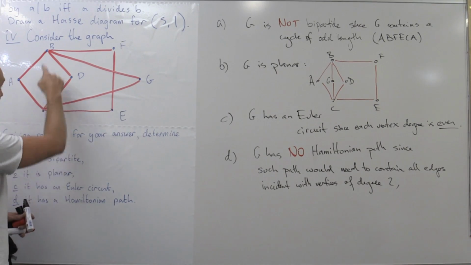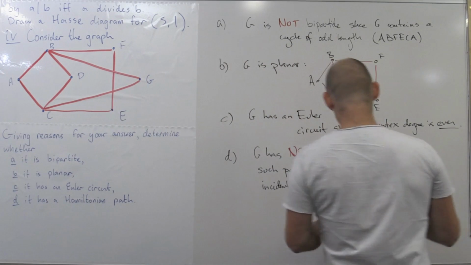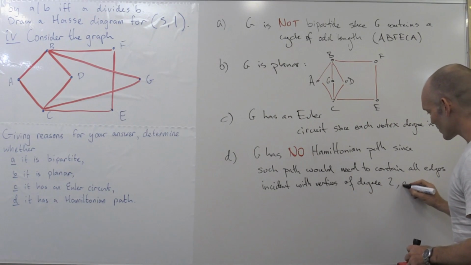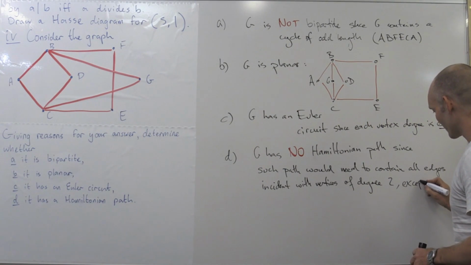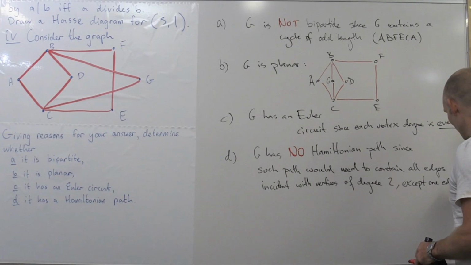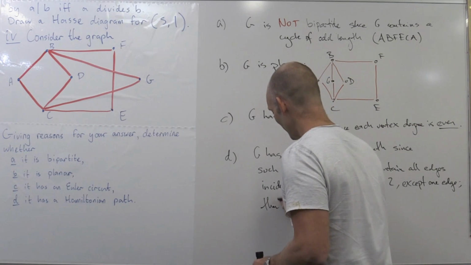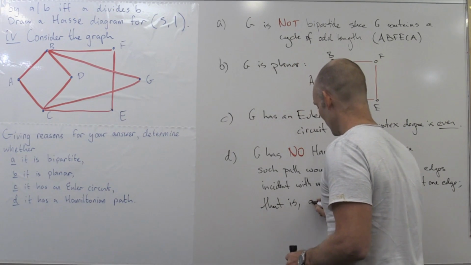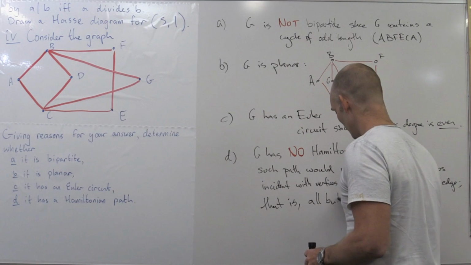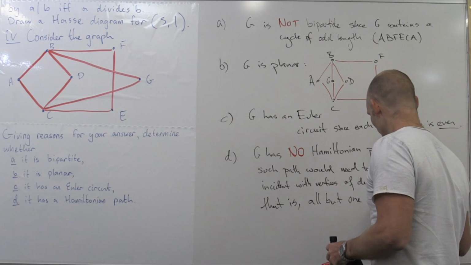So at least one of these vertices will be visited twice. So we can say of degree 2, except one edge. That is all but one of the edges.